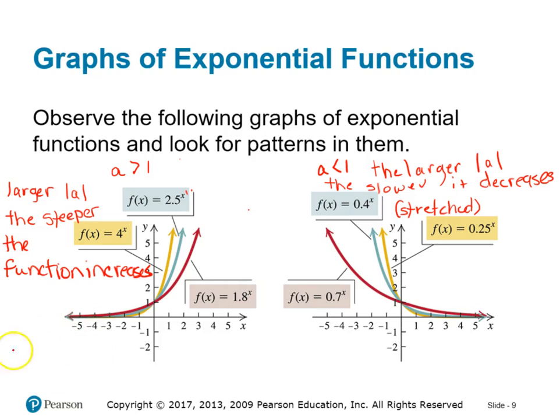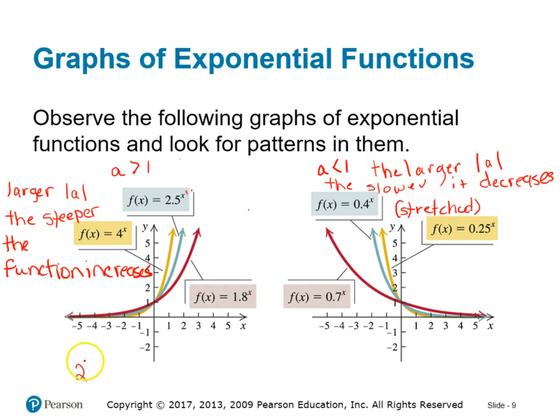All right, so I'm going to use COVID just because that's the big thing going on right now. If you have COVID virus that are doubling every time, every time over a certain period of time, like every hour they're doubling, you're going to have that base be a 2, right?